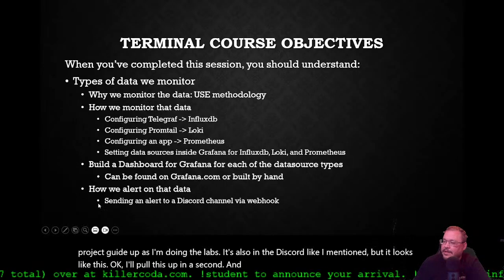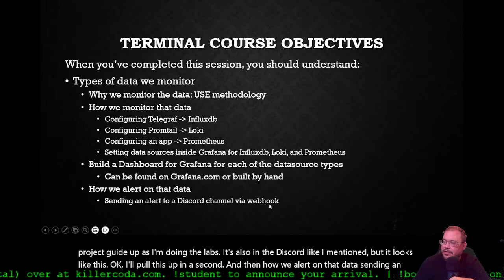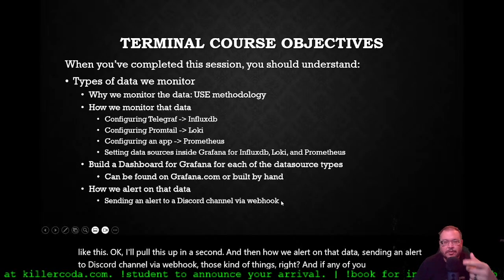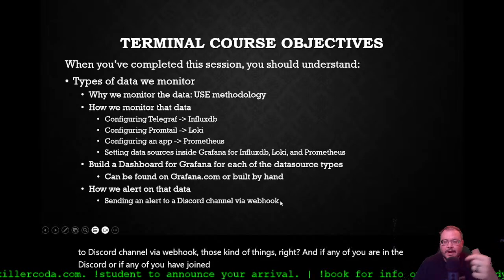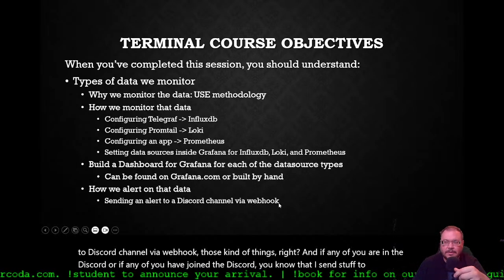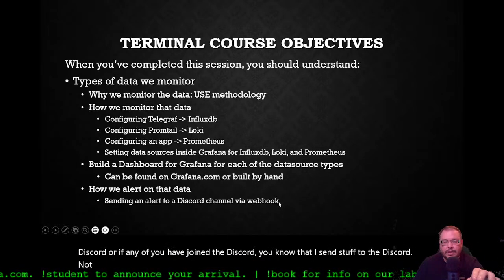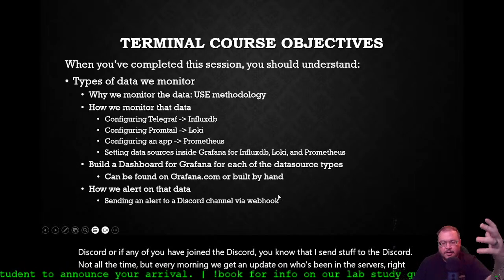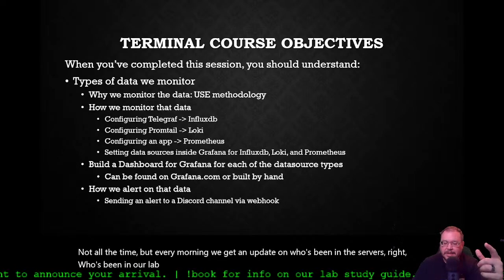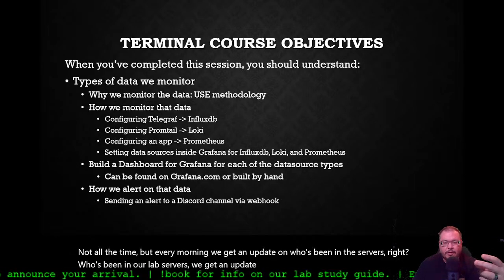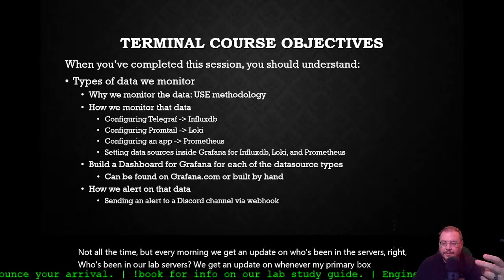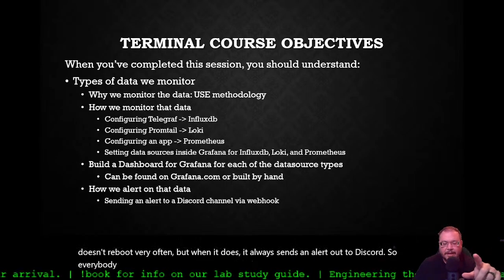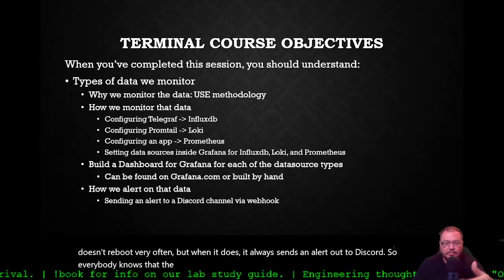And then how we alert on that data, sending an alert to a Discord channel via webhook, those kinds of things, right? If you've joined the Discord, you know that I send stuff to the Discord, not all the time, but every morning we get an update on who's been in our lab servers. We also get an update whenever my primary box reboots, which doesn't happen very often, but when it does, it sends an alert out to Discord, so everybody knows that the main jump box that I use has rebooted.